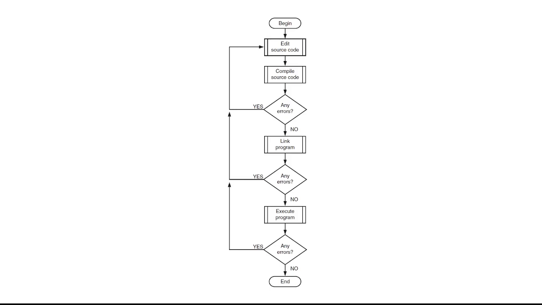Further down, if there are any runtime errors, they are even more complex to fix. Usually you don't get much of an error report, because it's a release version of the executable.